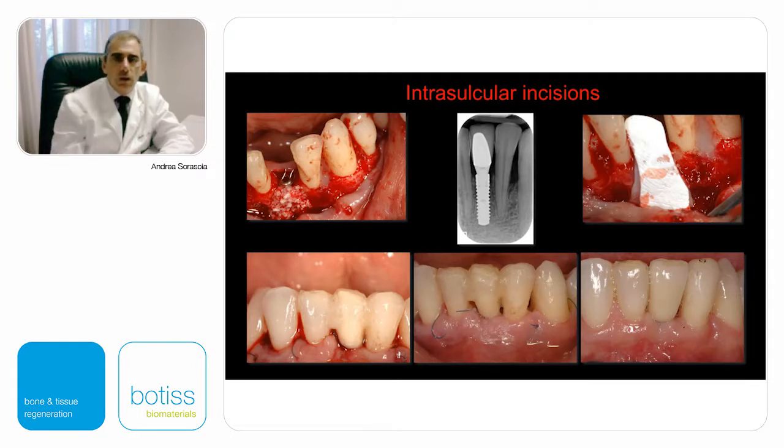We can observe through X-ray the bone amount obtained and the filling of the bone defect on the distal wall of the 3.2.